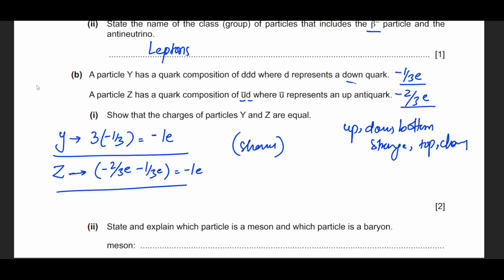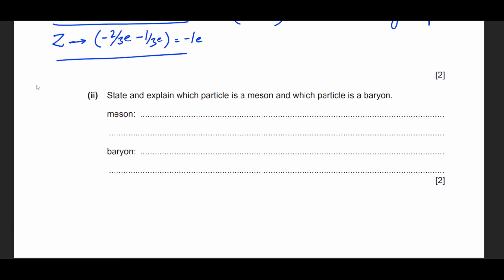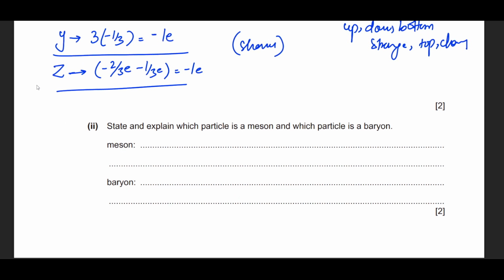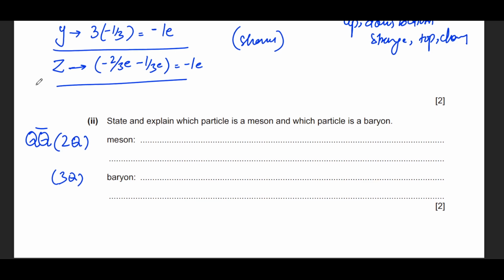That is how we are able to identify them, and at least discuss it from the examination point of view. He says, which particle is a meson and which particle is a baryon? This is also supposed to be a part of your memory. Mesons are made out of 2 quarks, and baryons are made out of 3 quarks. The special quality about mesons is that one particle will be a quark itself, and the other will be an anti-quark of the other particle, right? Baryons could be, for example, up, down, down, or down, up, up.